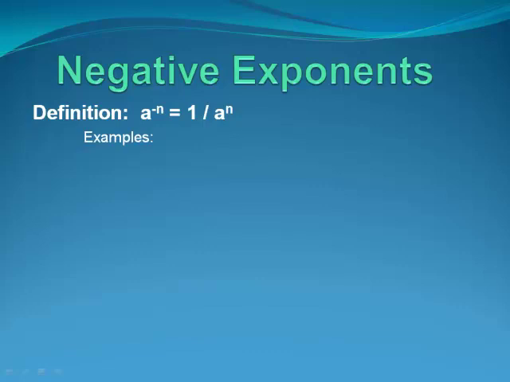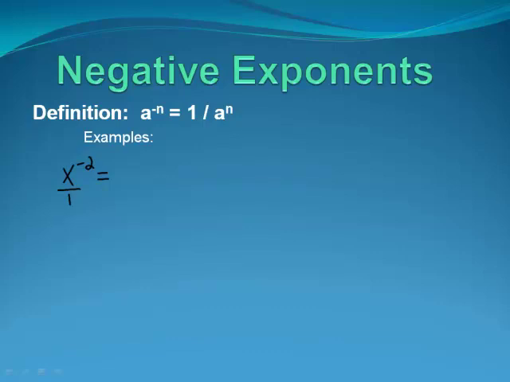So, for example, let's say that you are asked to simplify x to the negative 2 power. According to the above definition, you can take that base and corresponding negative exponent, take the reciprocal. Now remember, reciprocal simply means you're going to take a fraction and flip it over.